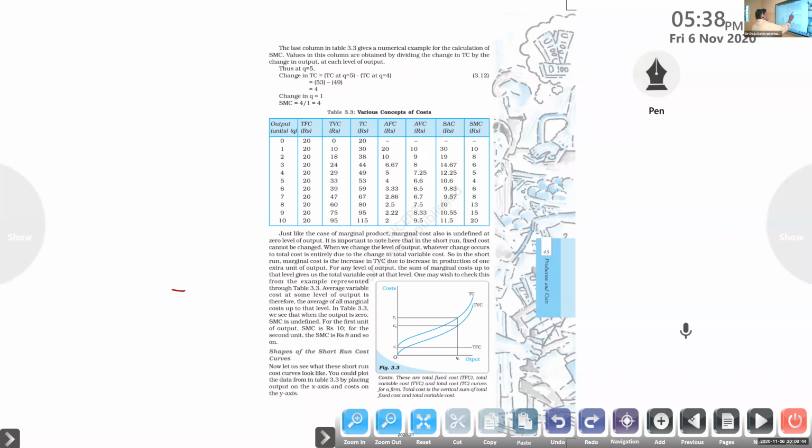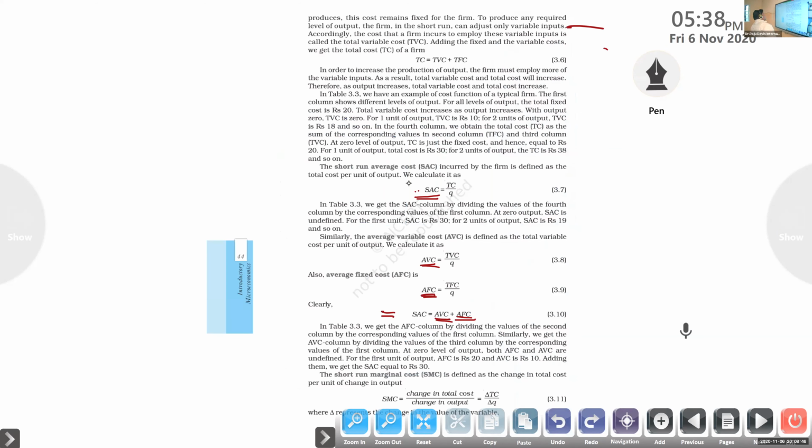So that's what all these things are for you people. It is SAC, short run average cost, AVC, average variable cost, AFC, average fixed cost. We discussed how to calculate all these things. Next, in table number 3.3, we already observed that the AFC column is obtained by dividing the values of the second column by the corresponding values of the first column.